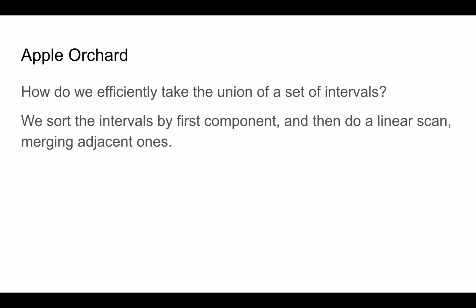If two adjacent intervals are mergeable, meaning that they overlap, then we combine them into one longer interval and continue. Otherwise, there's a gap between our current interval and the next one in the list. That gap is exactly an uncovered arc, and we want to save those. So we do this linear scan, merging adjacent ones, and store away the complement intervals.